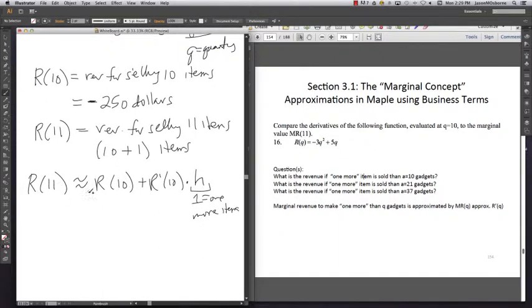So that's what this approximation formula is for. You can approximate your revenue for selling one more than 10 items. This is the approximation in revenue for selling one more than 10 items.